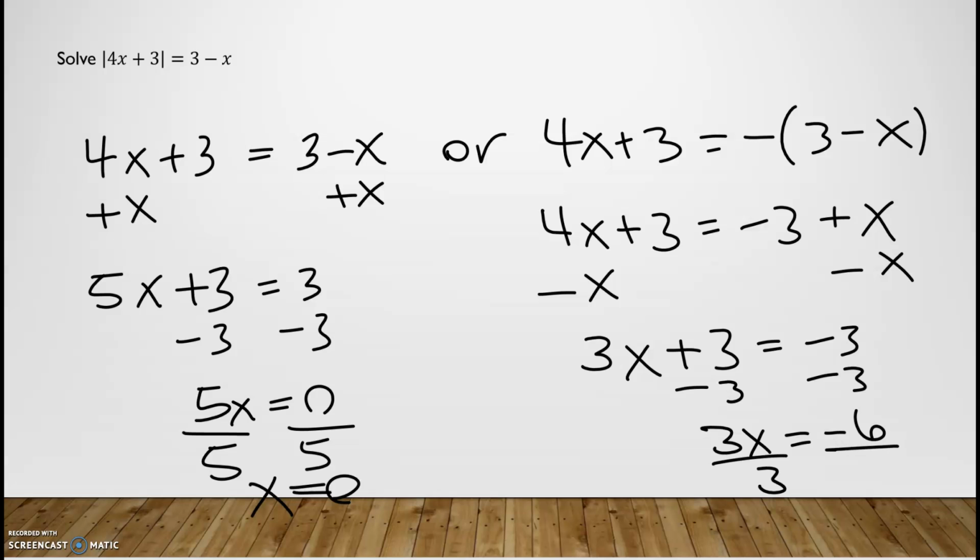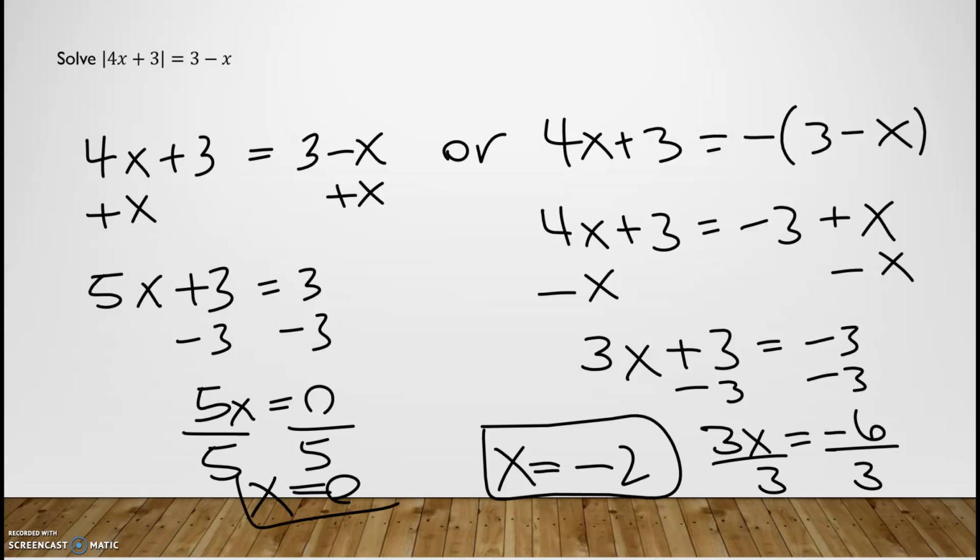Divide both sides by 3, so x, and let me write it over here, x equals negative 2. Okay, so those would be my two answers right there. And you always want to go back and check them just to make sure, but these two do work out.